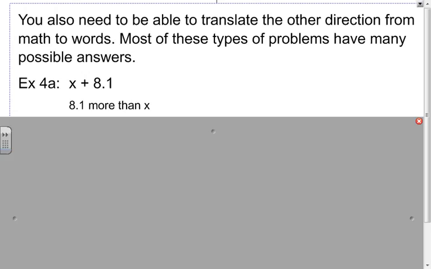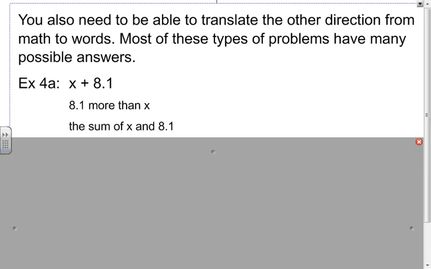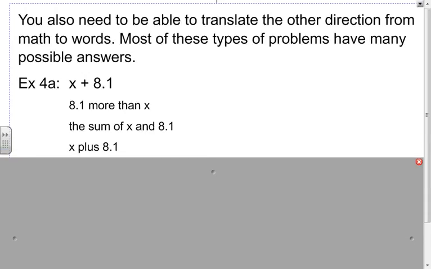The reason why I switched the 8.1 and the x is because of that word than. Because than means backwards, so I have to write things backwards. The sum of x and 8.1 would also work. And then the way that I read it the first time, x plus 8.1. Just write the word plus instead of the symbol plus.